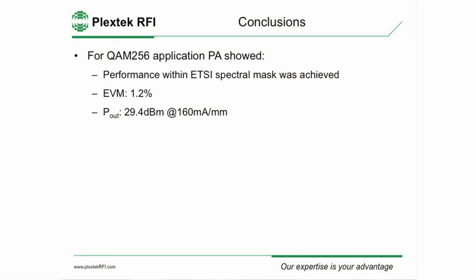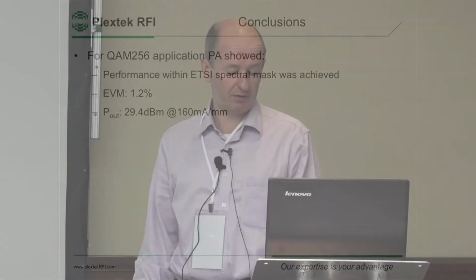For the QAM256 applications, we saw that the PA demonstrated a spectral mask that was within the ETSI limits, an EVM of 1.2%, at an output power of 29.4 dBm with the bias of 160 milliamps per millimeter. I think that's my last point.